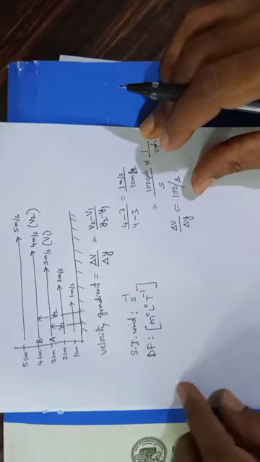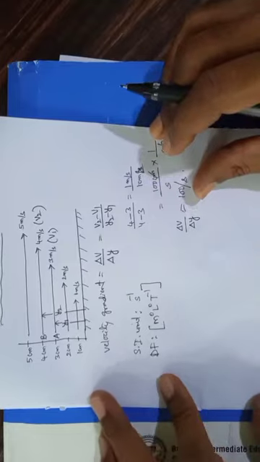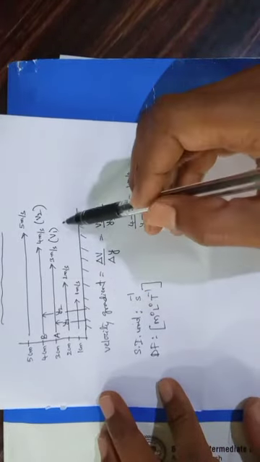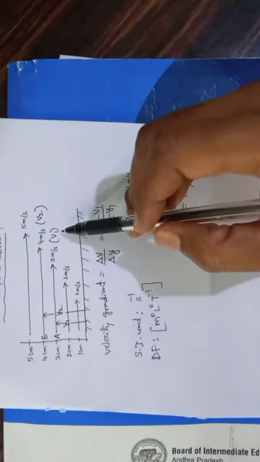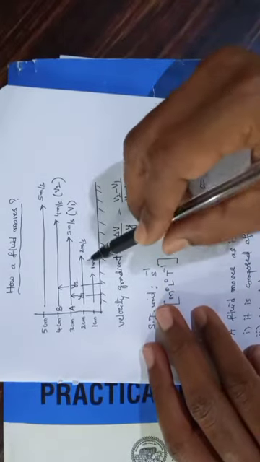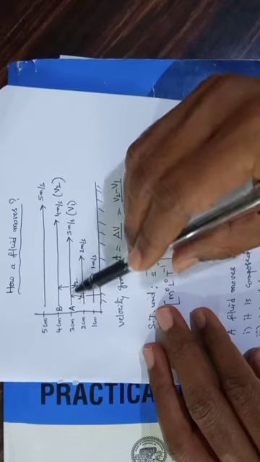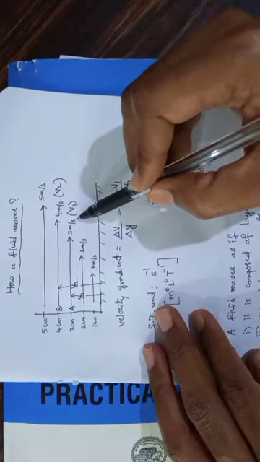Now let us consider another thing. If a fluid is moving like this, let us consider a layer, say A layer, which is moving with 3 meter per second velocity.